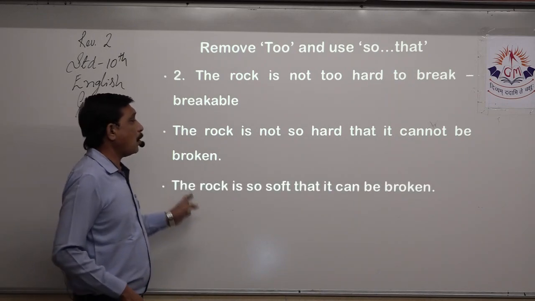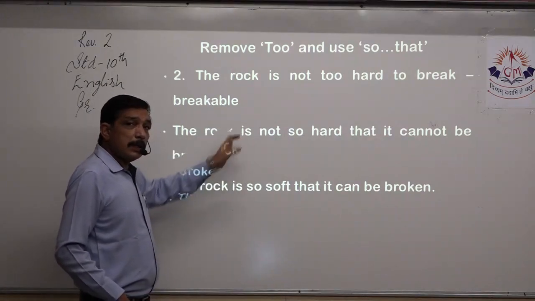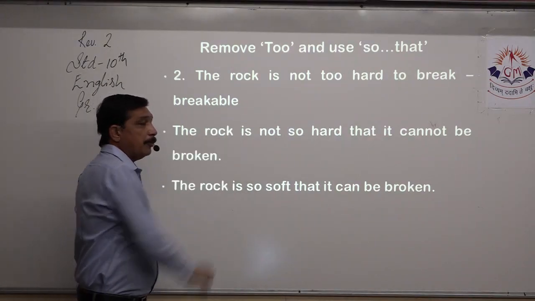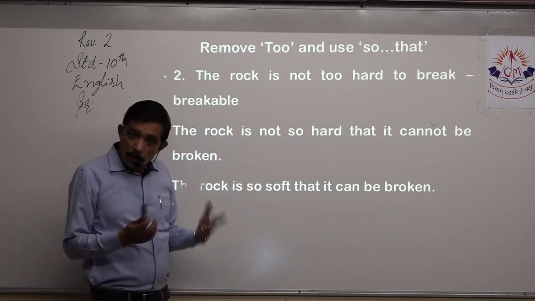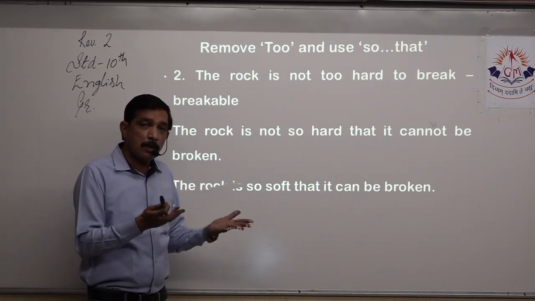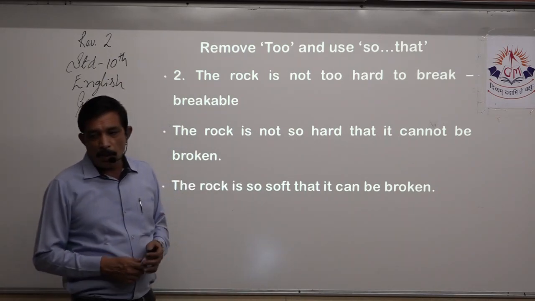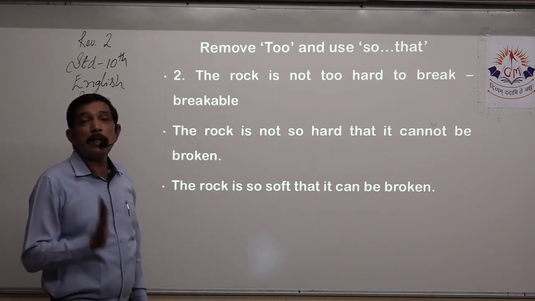This one is clear. The rock is so soft that it can be broken. The same sentence. It's written in a different way, but the meaning is the same. Here, not so hard. Here, so soft. Baat wahi hai. Not so hard means soft. Soft means not so hard. So, the meaning of these three sentences remains the same.